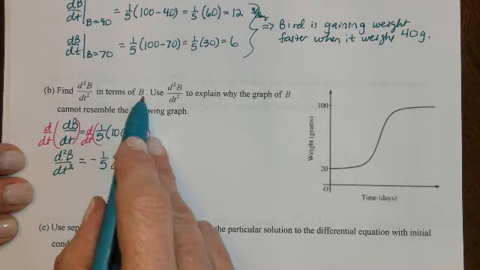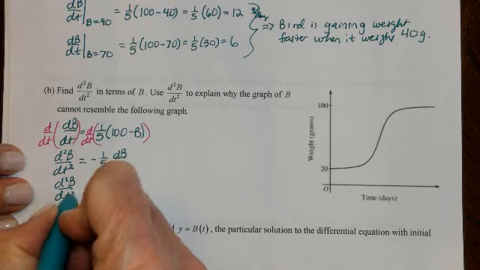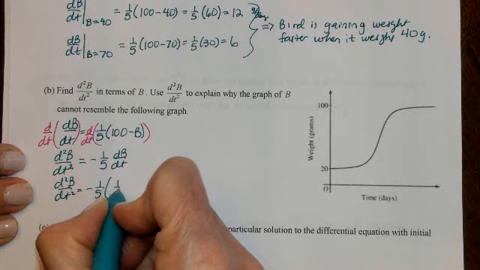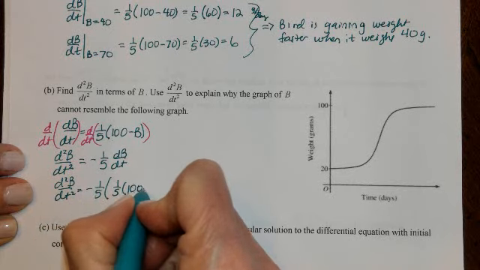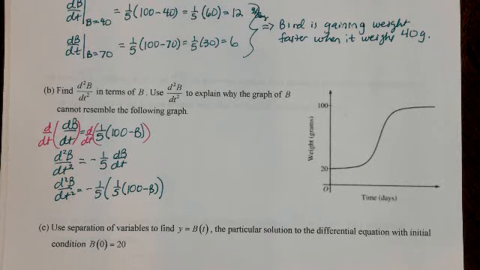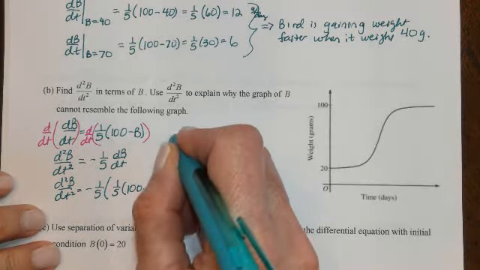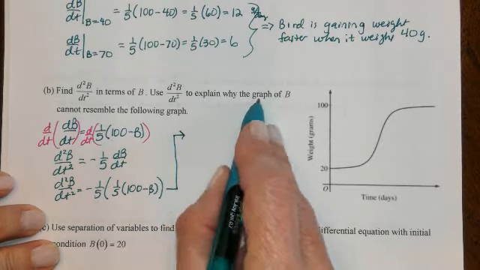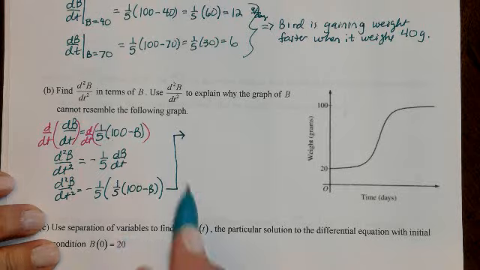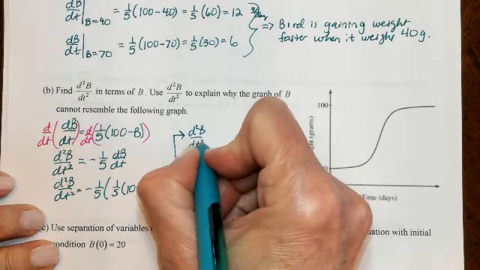We need to write it in terms of b, so negative 1/5, and dB dt is 1/5 times 100 minus b. Okay? All right, so there's our second derivative. Now we need to use it to explain why the graph of b cannot be this graph. Okay, well, let's take a look at this. I'm going to simplify this a little bit.